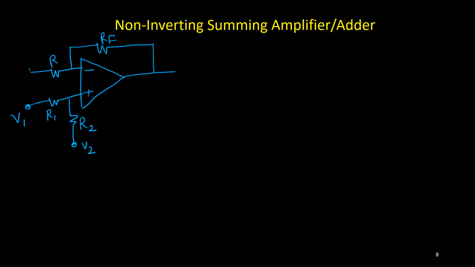And this other end, the inverting one, I won't apply anything. It is grounded. Now I wish to find out the output voltage V0. Now how to find it? I'll consider an ideal op amp. Infinite input impedance, thus there is no current entering here, it is 0 ampere. No current entering here, it is 0 ampere.